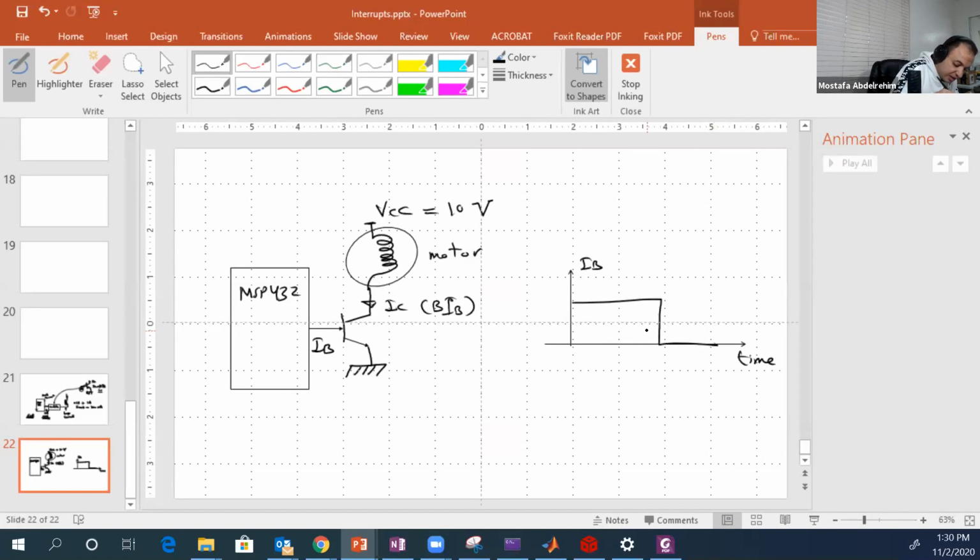So the voltage of the coil, the EMF, is equal to L, which is the inductance of the coil, di by dt.